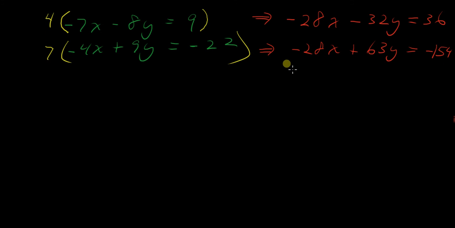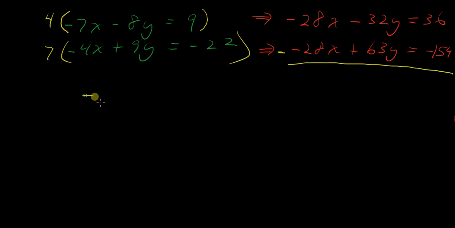So what do you think I'm going to do here to eliminate the x? Am I going to add or am I going to subtract? Well, if they're exactly the same in every way, including the sign, you need to subtract, which means I need to subtract all of these. Well, what's negative 28x minus 28x?